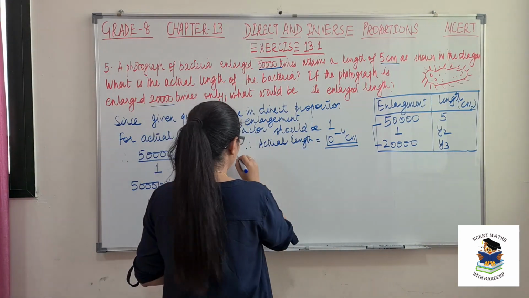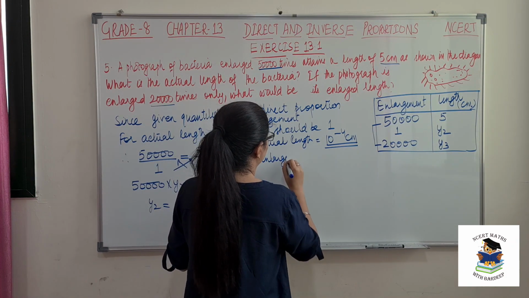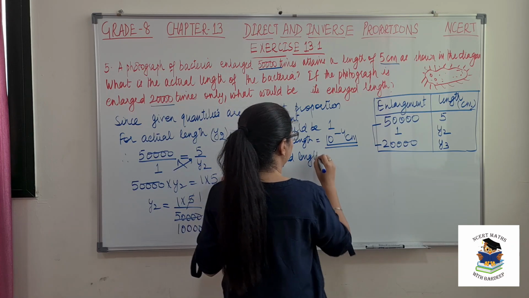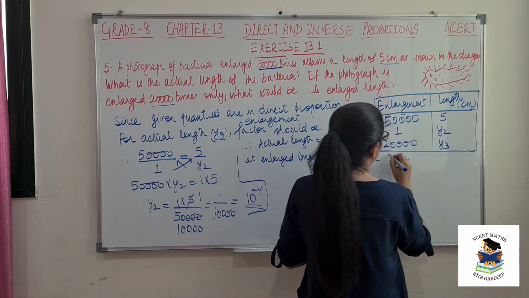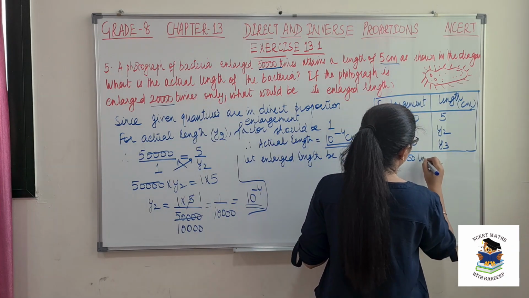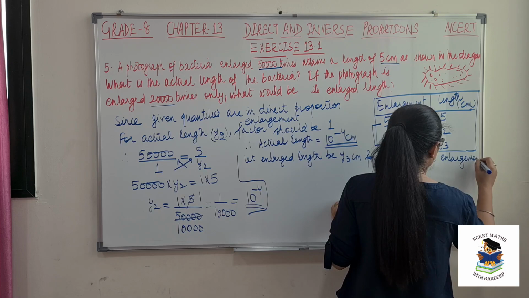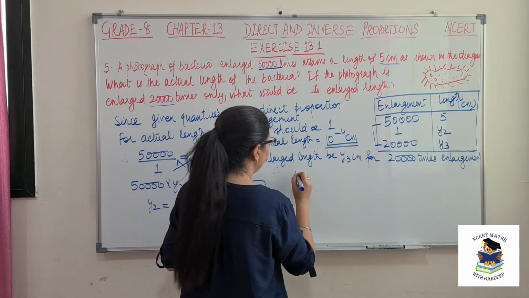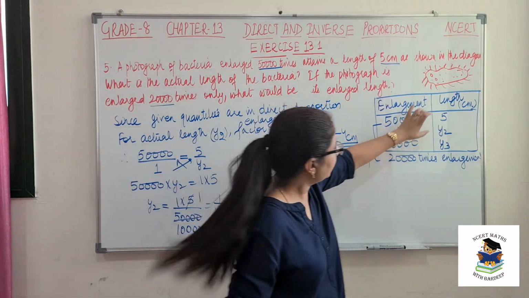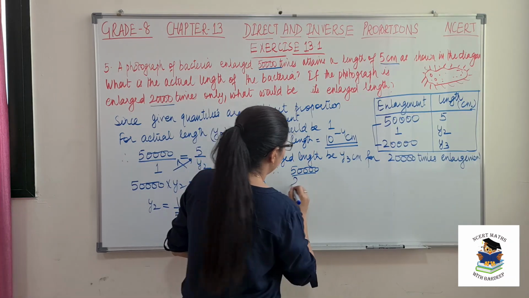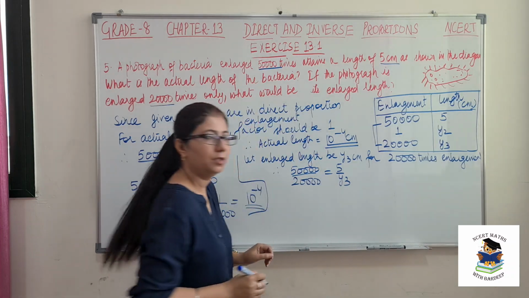So first we will assume, let enlarged length be y3 centimeter for 20,000 times enlargement. Therefore 50,000 over this, for 5 and y3 over 20,000 is equal to 5 over y3.